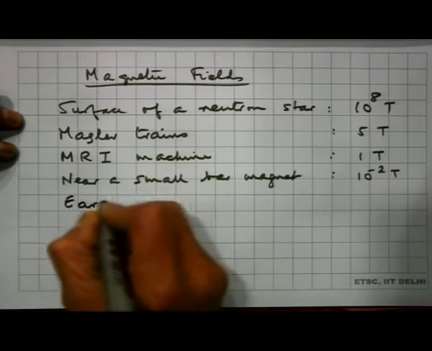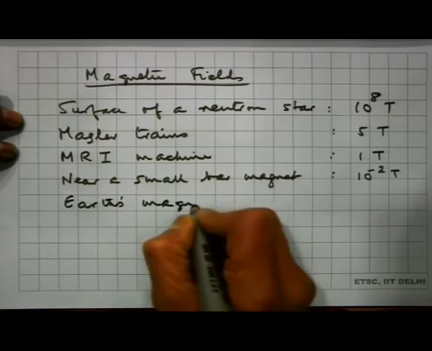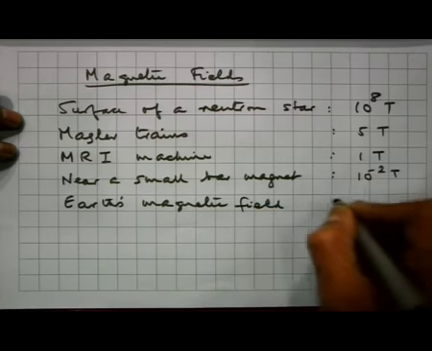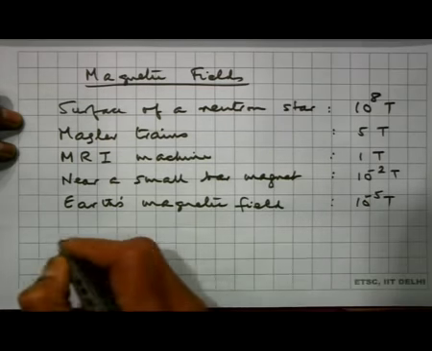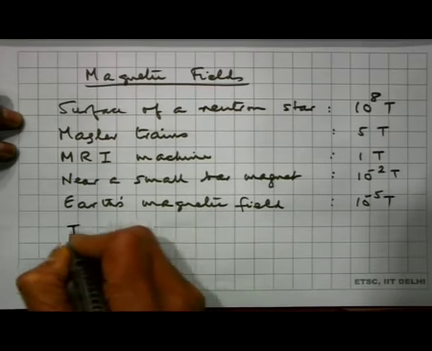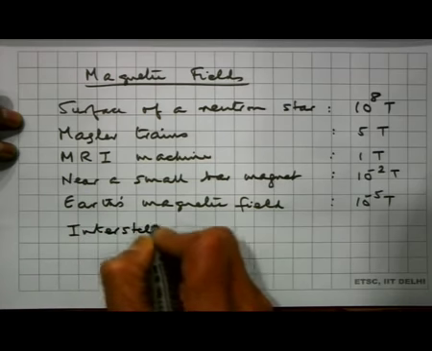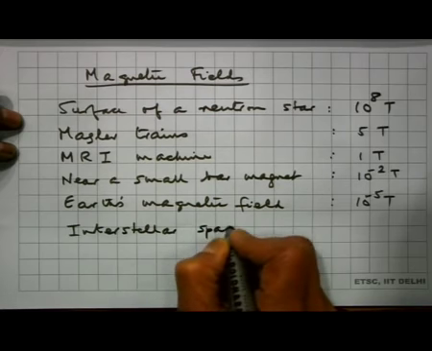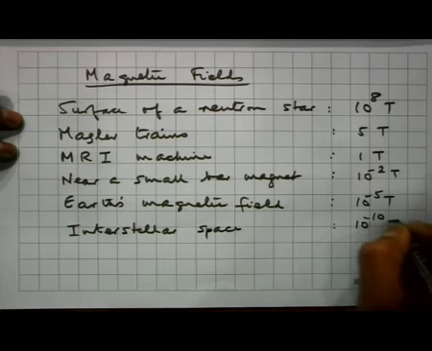The Earth's magnetic field is about 10 to the minus 5 Tesla, and there is a magnetic field in the interstellar space and that magnetic field is about 10 to the minus 10 Tesla.